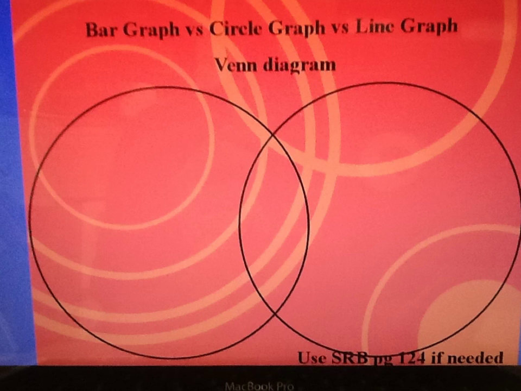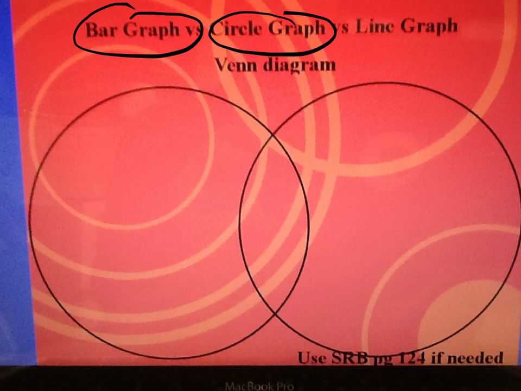Some of you are saying, bar graphs, I can represent my data with bar graphs. I can represent it with circle graphs, and I can represent it with line graphs. But which way is going to be the best way to represent data? That's going to depend on what data you're actually looking at. If it's better to be looking in a pie and looking in percents, then we're going to want to look at it as a circle graph.